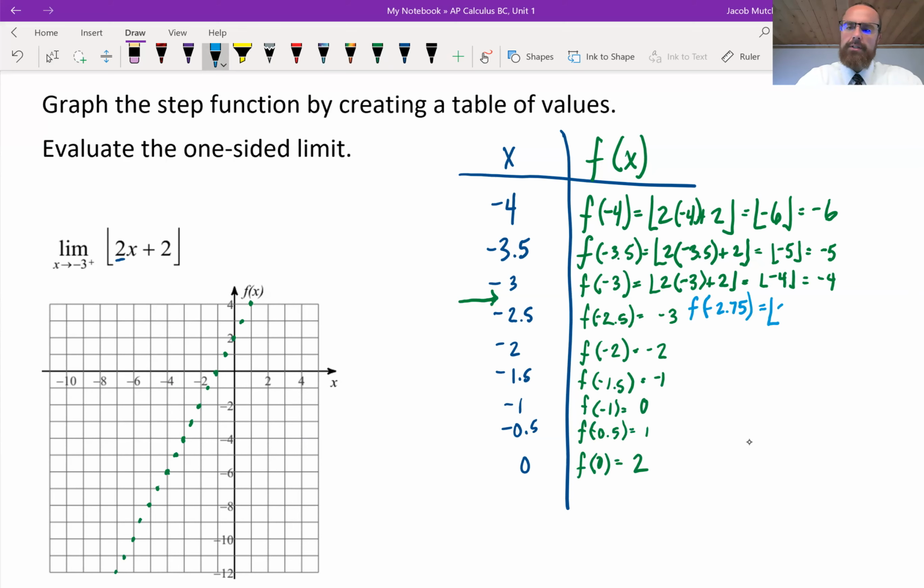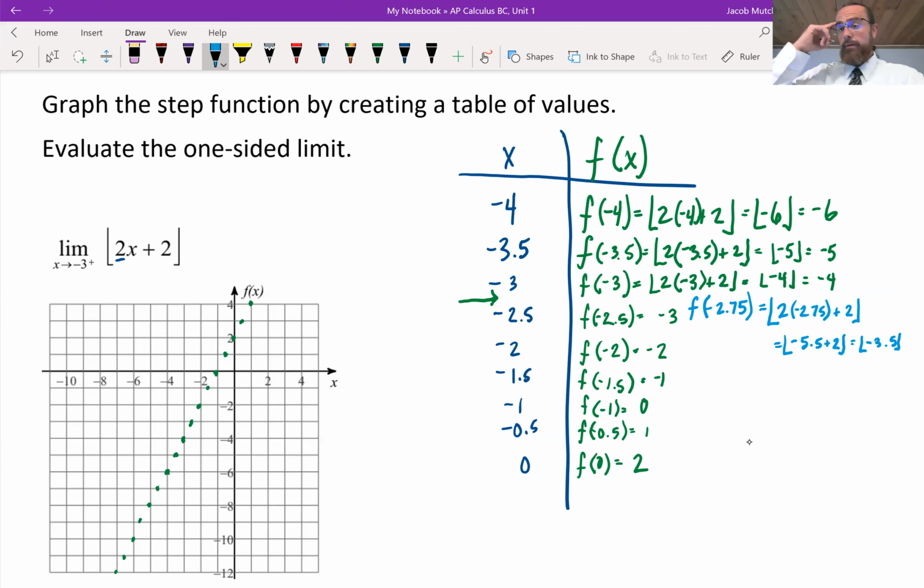So 2 times -2.75 plus 2. And then we want to evaluate that. So 2 times negative 2.75 is negative 5.5 plus 2, which equals, in the step function, negative 3.5.